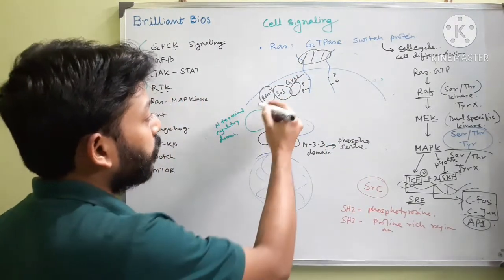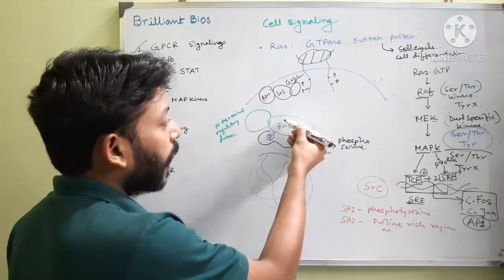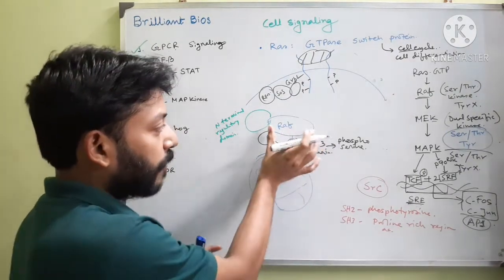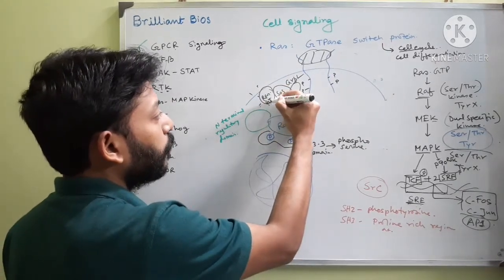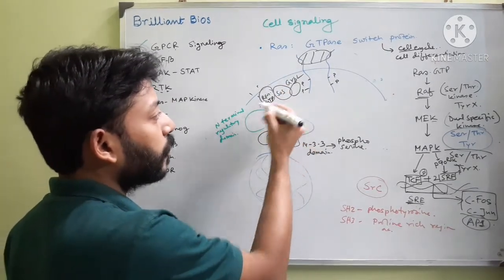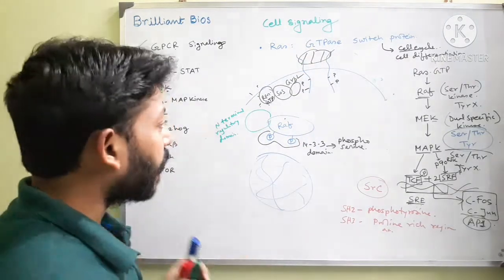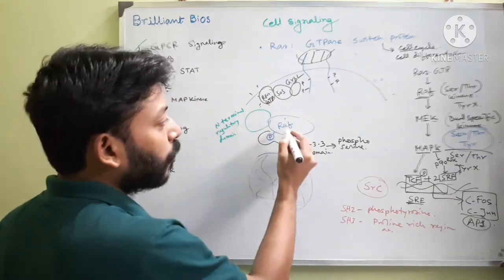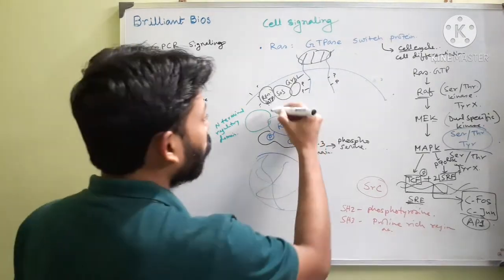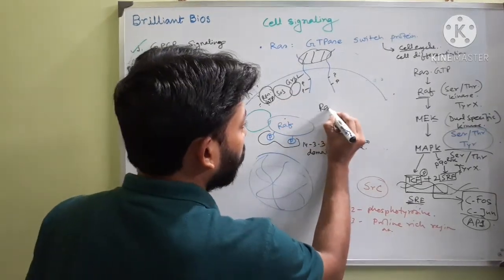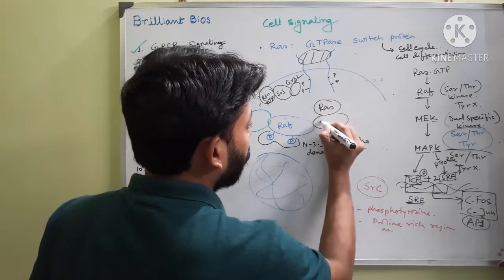Now this RAS protein attaches with this RAF. When RAS gets activated, that means it is associated with GTP, then RAF binds with this RAS GTP. In this way, the RAF protein associates with RAS.